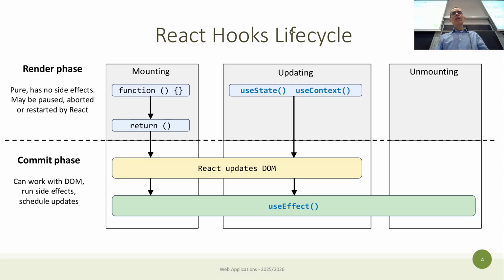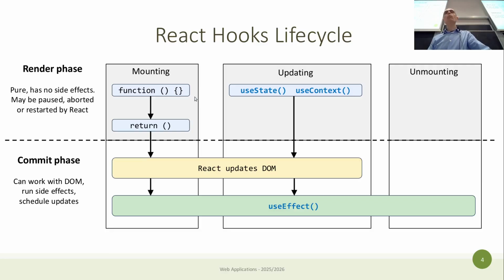Okay, so the life cycle of React hooks. We need to keep in mind that there is this render phase that we already talked about. We always talked about the render phase until now. And this should be pure. We say it has no side effects.